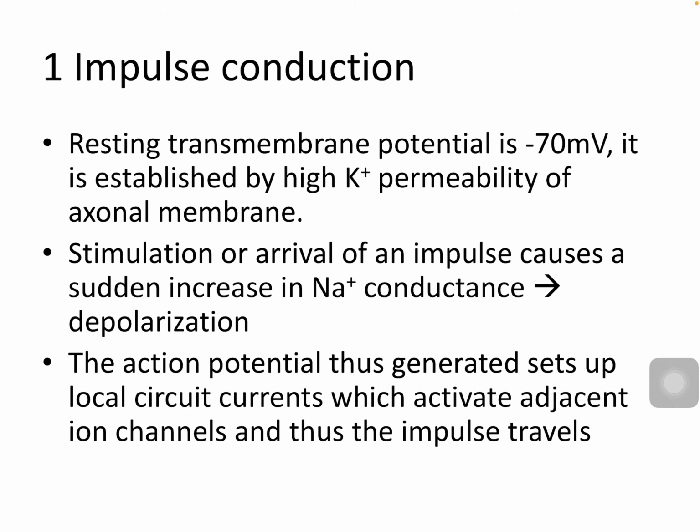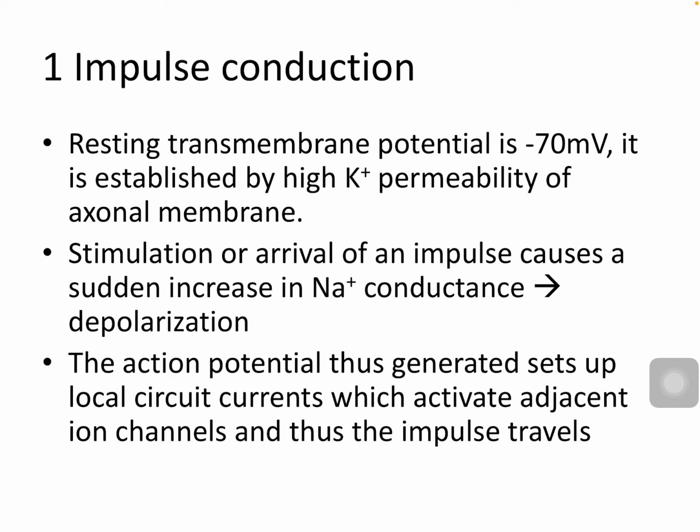Now the action potential thus generated sets up local circuit currents which activate adjacent ion channels, and thus the impulse travels. So basically here what we see is that whatever impulse has been raised by a neuron transmits itself along the axonal membrane. That is impulse conduction.